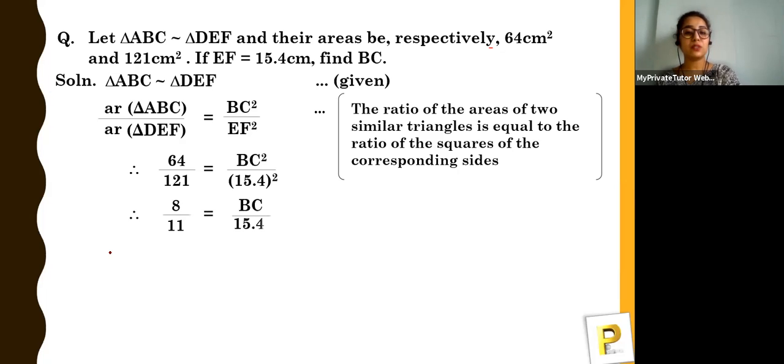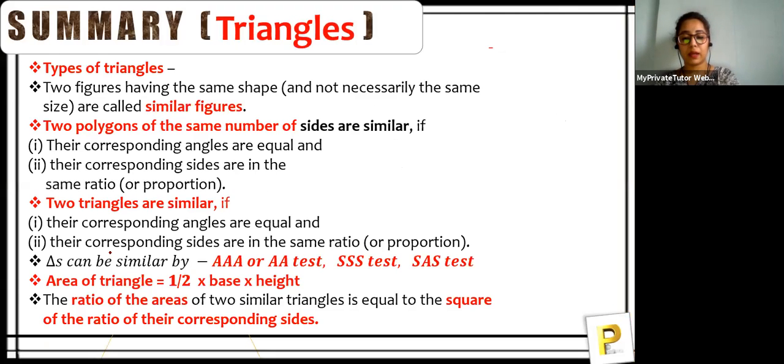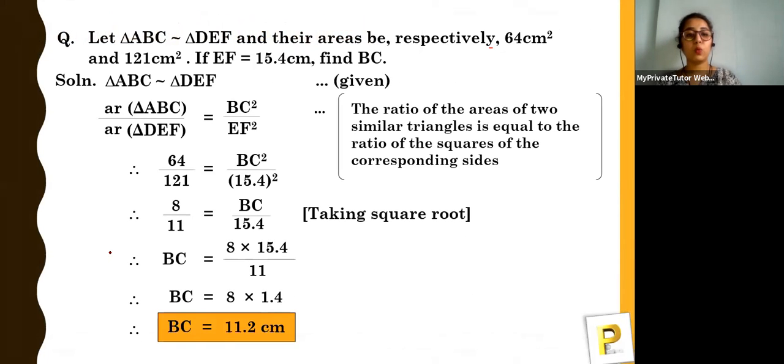We have taken square root on both sides. The square root of 64 is 8, and for 121 it is 11. Now we'll cross multiply and we'll get the answer as 11.2 centimeter. This is how you have to apply the theorem in your questions.